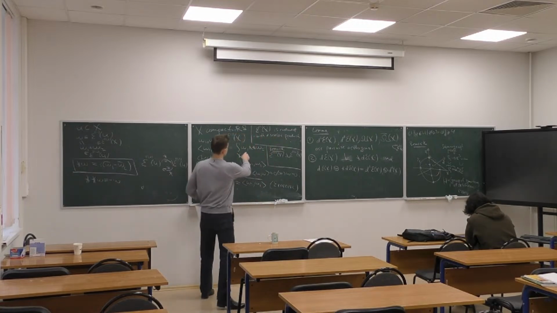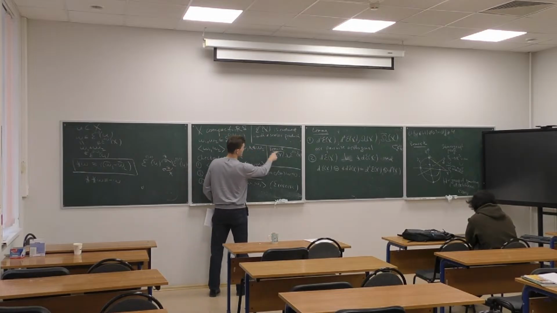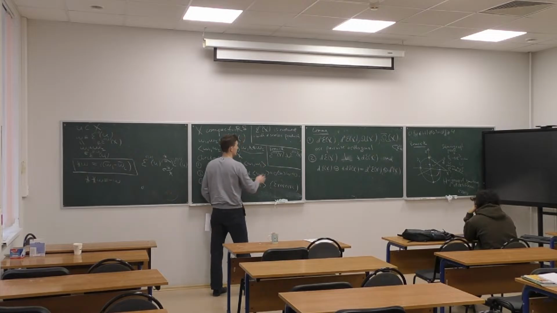Here this is obvious because if omega 2 is in 0, 1, then star omega 2 is in 1, 0, and then you take a form of type 1, 0 wedge form of type 1, 0, and this is 0. So this is obvious.